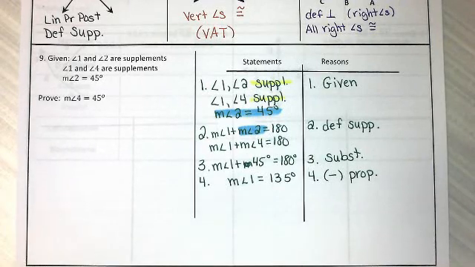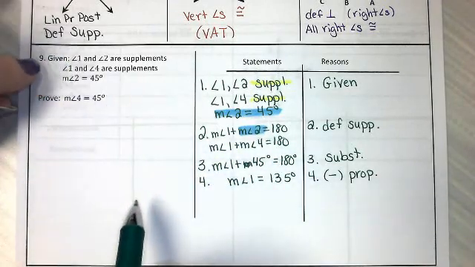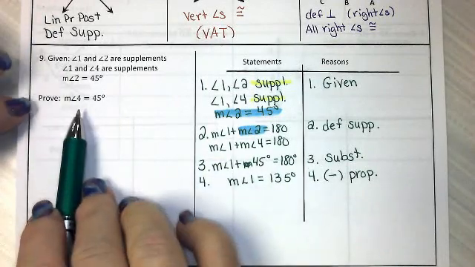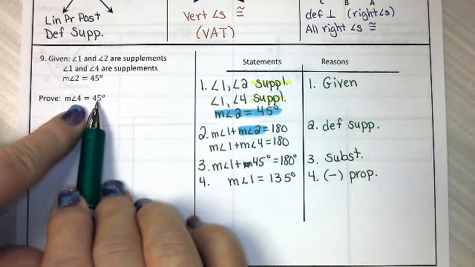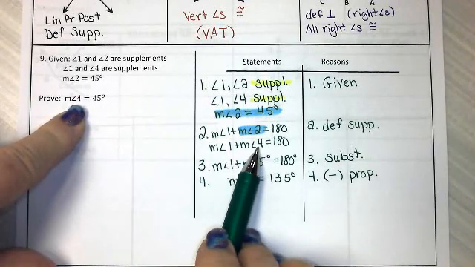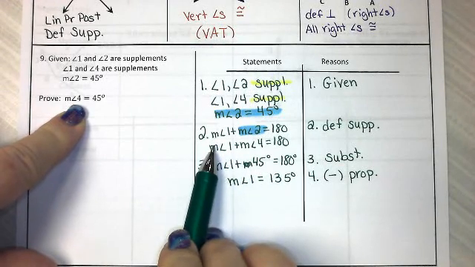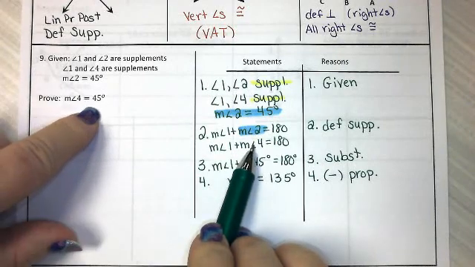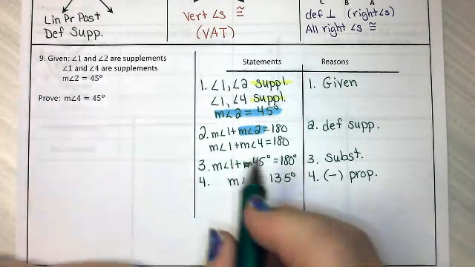Now, remember what we're trying to prove? You know how sometimes when you work on a maze, you start at the beginning and then you get to a certain point, then you start at the end and work backwards? So this is the point where I'm going to work backwards. I've got to prove that angle 4 is 45 degrees. Well, right now I know that angle 1 is 135. So I think if I substitute it again, maybe I could prove what I'm trying to get to. You always want to keep your eye on what you're trying to get to.